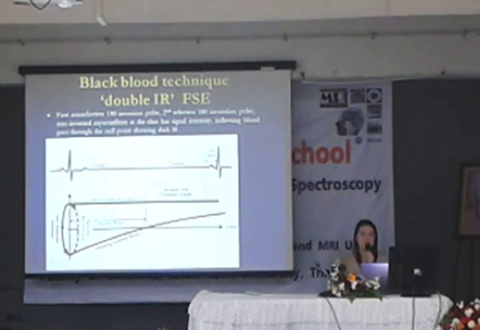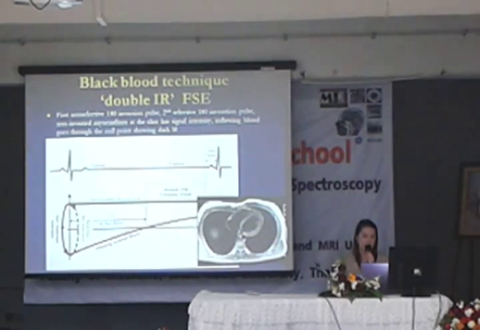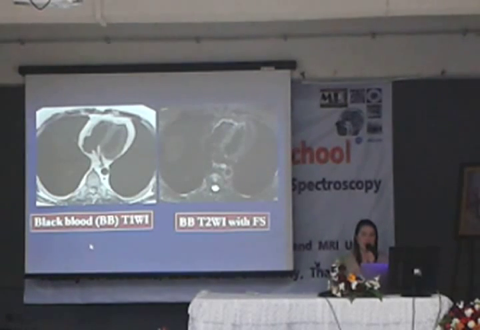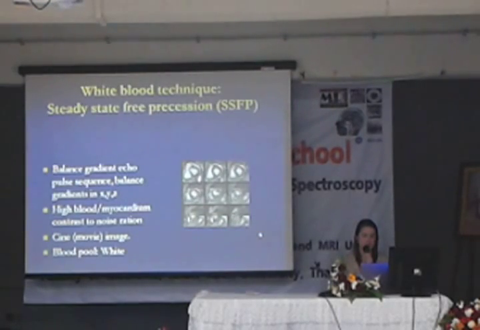The non-inverted myocardium has signal intensity, and the inflowing inverted blood goes to the null point, so the blood shows dark or black, as in this picture. We can apply both T1 and T2 black blood, or even fat suppression, for further tissue characterization.